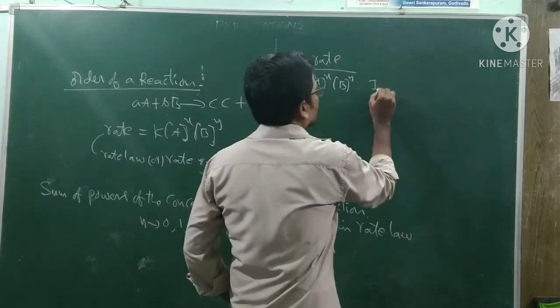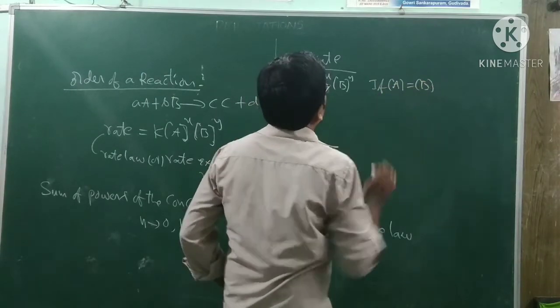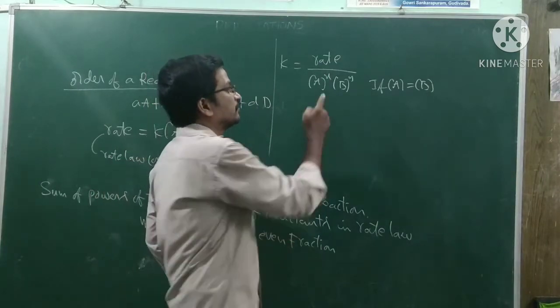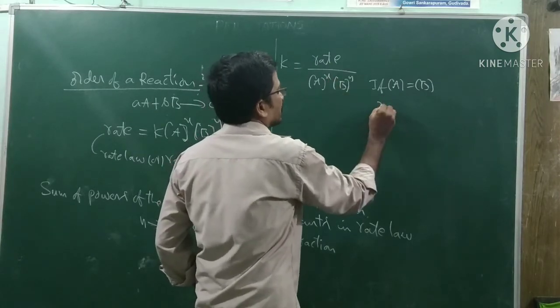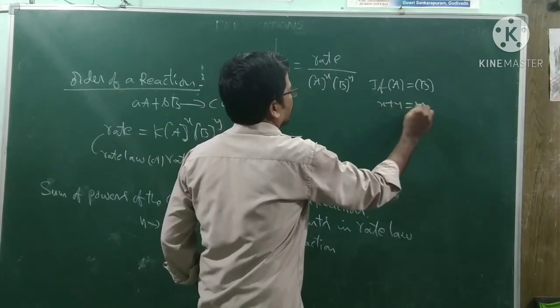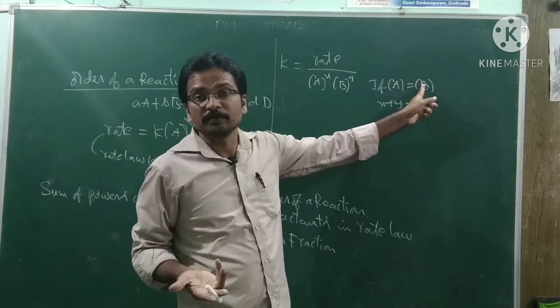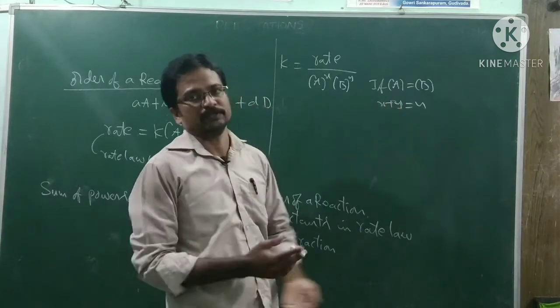If A is equal to B, then only you can sum these two, x plus y is equal to n. If A is not equal to B, you cannot sum these two values.